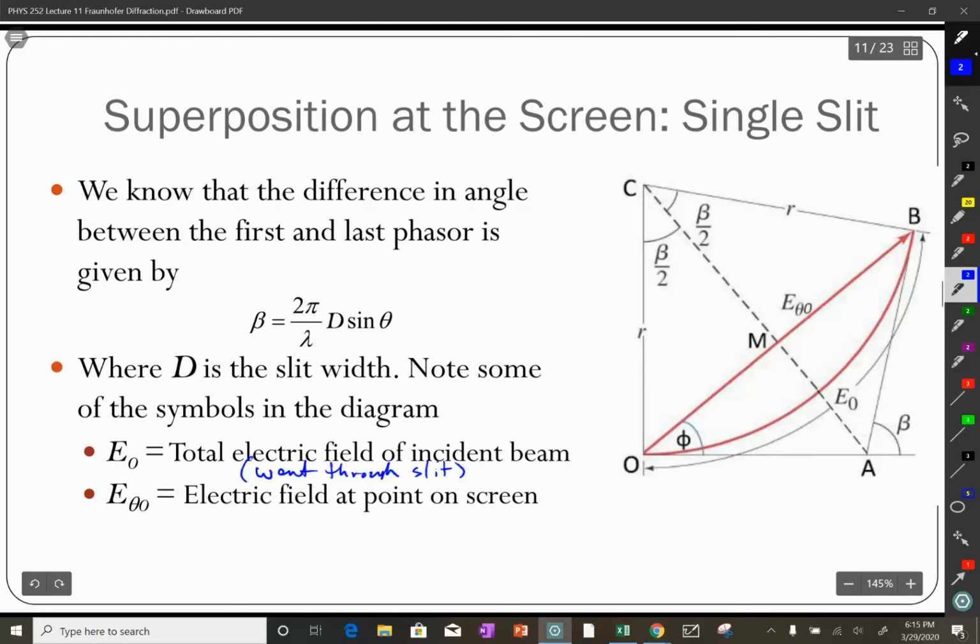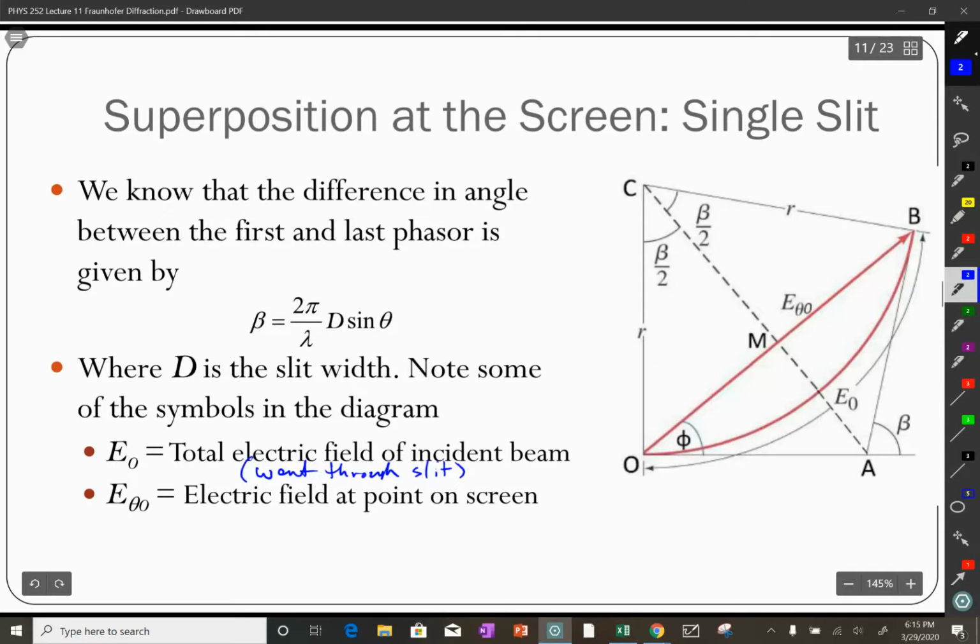And E theta 0 is the electric field at point P, I'll point on the screen. Now, just some things to explain what this diagram is so you know where it came from. So we have adding these up along that arc.